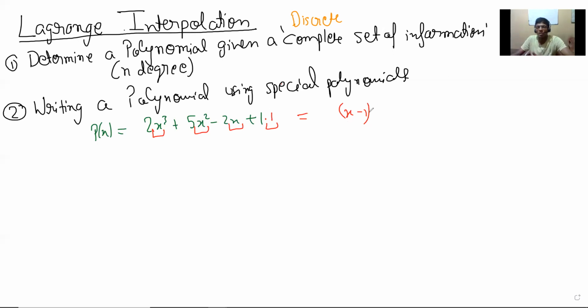And so you can also obviously write this polynomial, and this is not what Lagrange interpolation does. It does this, but not using this type of polynomials, using some other, but we will see that after we have the formula. I think that will be better. But do you guys agree that you can write a polynomial using these polynomials, x minus 1 cube, x minus 1 square, x minus 1, and x minus 1 to the power 0?